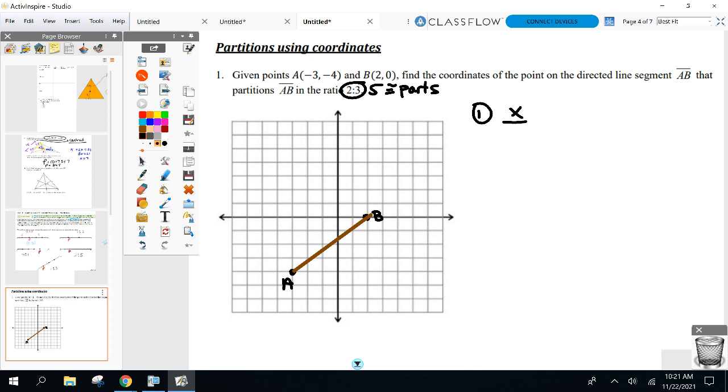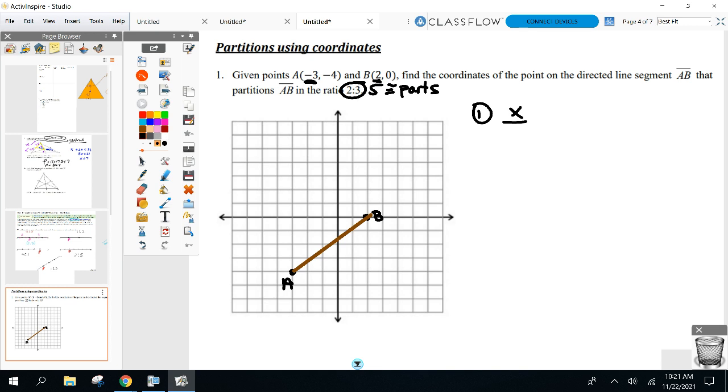So the first thing I need to know is how long is the X-axis from -3 to 2? From A to B, how long is this line segment on the X-axis? That's what I need from somebody right now. I started at -3 at A and went to 2 to get to B. You can count it or you can just do the math from -3 to 2 in your head. Jackson, how far did I go? 5. Everyone agree I went 5? Yep.